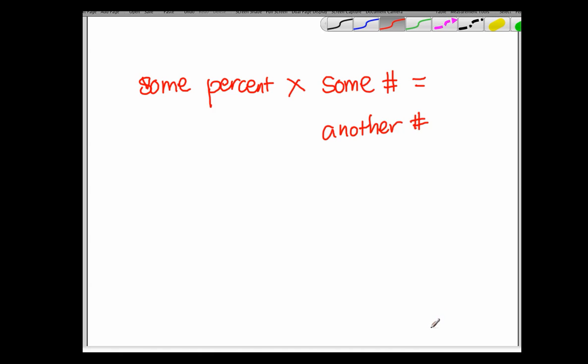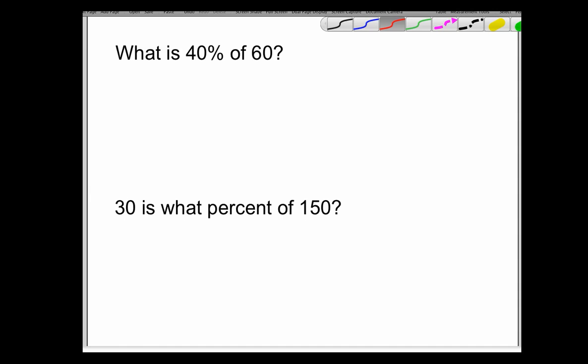And once you know that, you're good. The last thing that we need to talk about is what does the word of mean in mathematics? Well, of means to multiply. Alright? Now once we know that, we can actually go on to solve some percent problems.